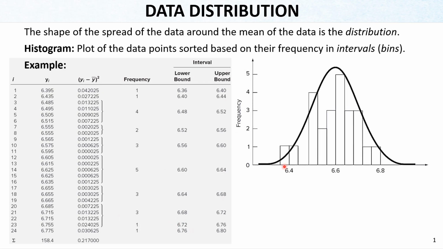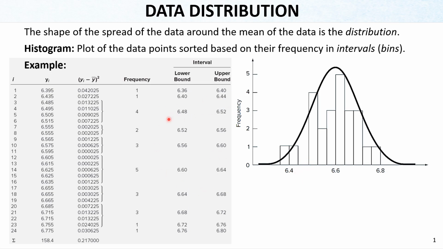You can see here, this one is from 636 to 644 actually, and we have an interval or bin, a shape of bin, and we have only one frequency, so it's straight at top, only one. Here as well, 642 to 644, we have only one data, so frequency is 1, but here there's a gap. It's because we don't have data here between 644 and 648. So it continues like this.